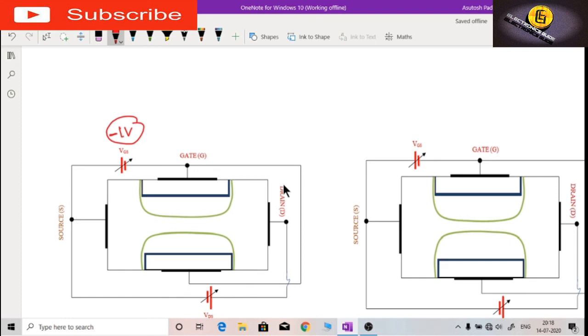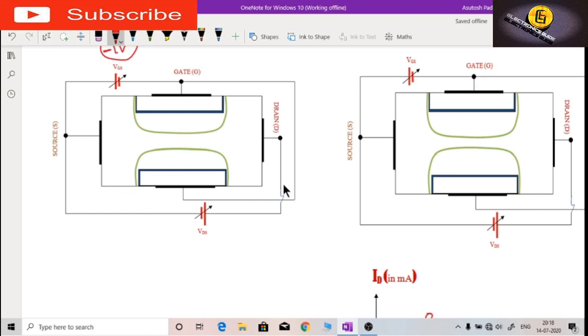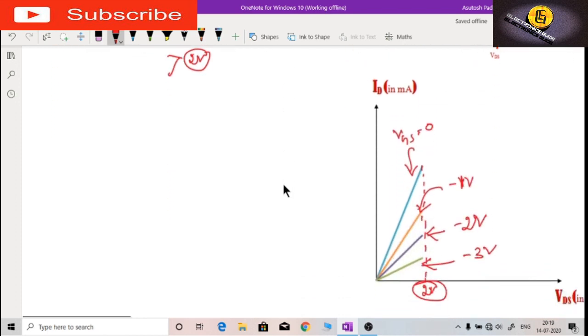If we increase VDS beyond 2 volt, the channel shape is no longer uniform and will be something like this, making the channel width at the drain region narrower, which makes the ID value lesser. The same thing will happen in the next figures, similarly.